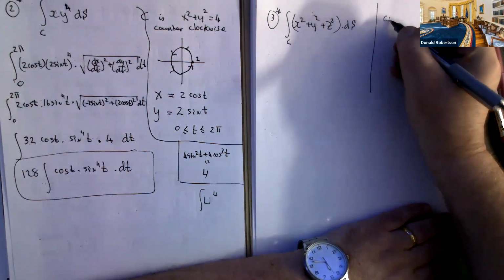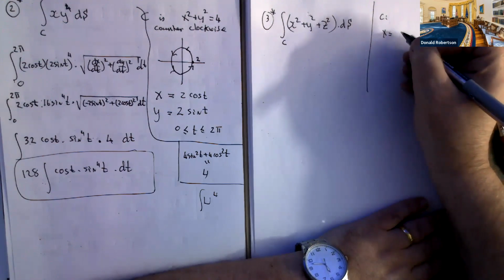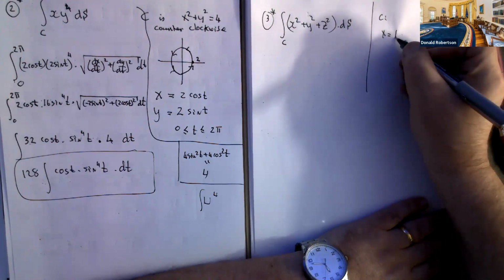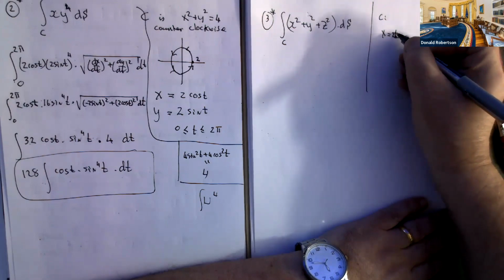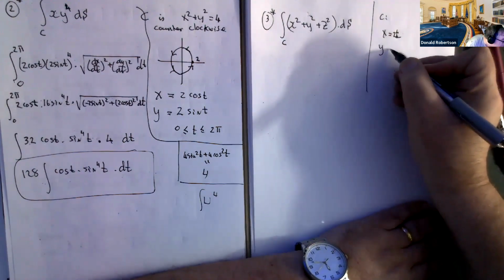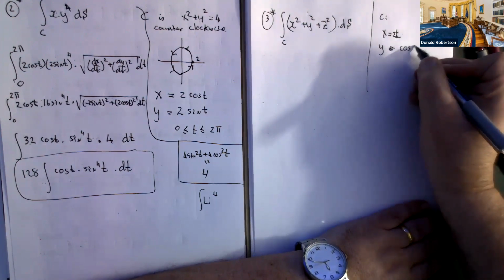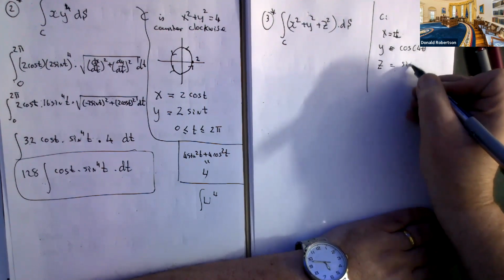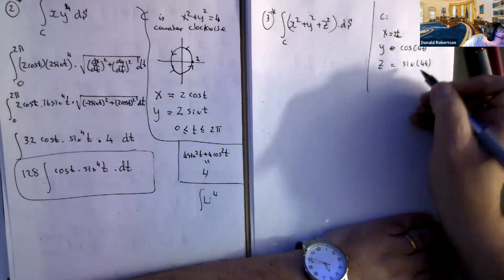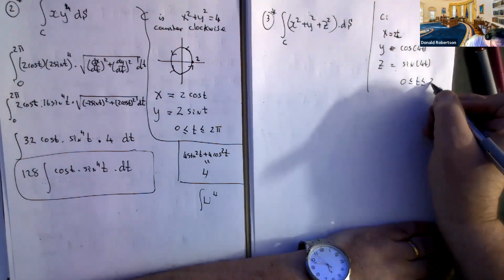The curve C, thankfully, is x equals 2t, y is the cosine of 4t, z is the sine of 4t. And we're doing it from 0 to 2 pi.